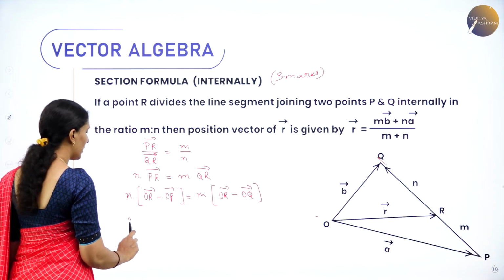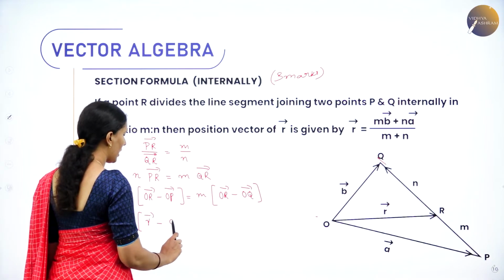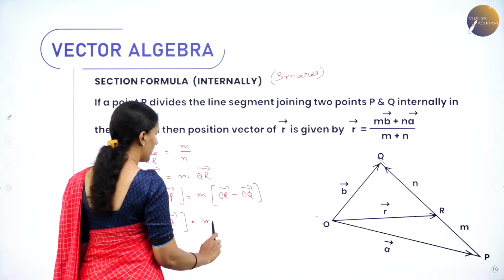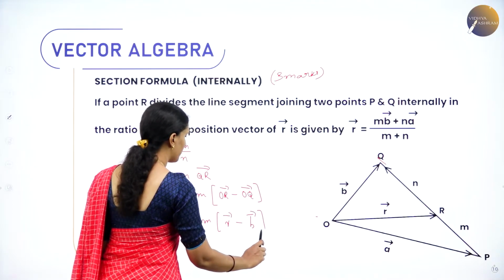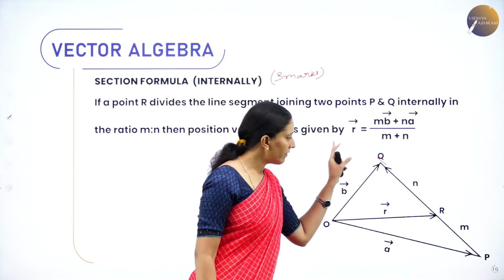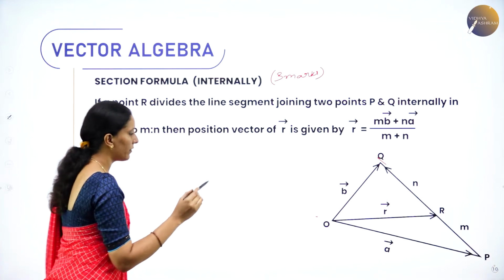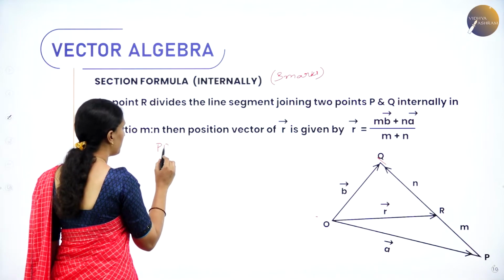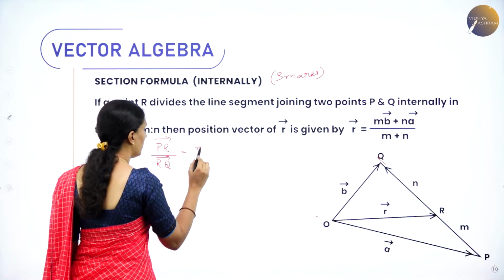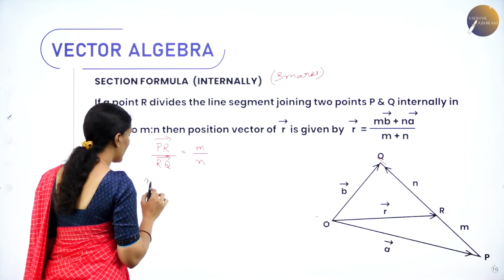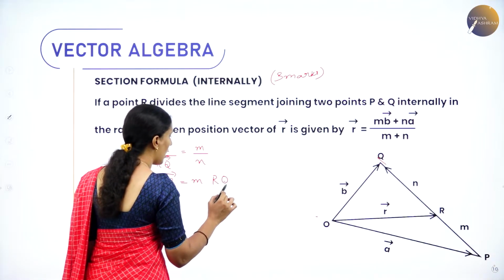So now here N into, so this is vector R minus vector A is equal to M into vector R minus vector B. So if I take R divides the vector PQ internally in the ratio M is to N, then from the figure I can write vector PR divided by vector RQ is equal to M by N. Or I can write N into vector PR is equal to M into vector RQ.